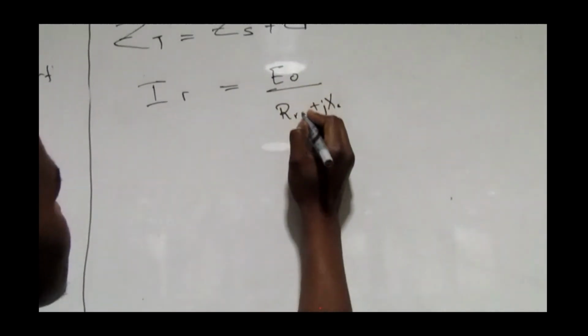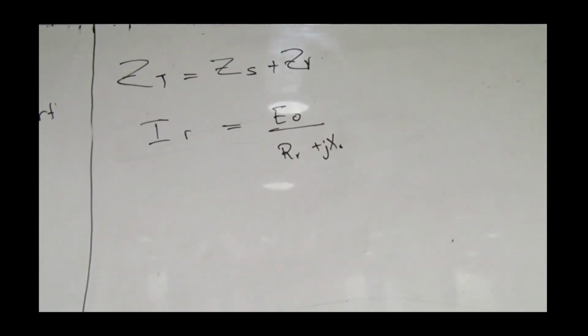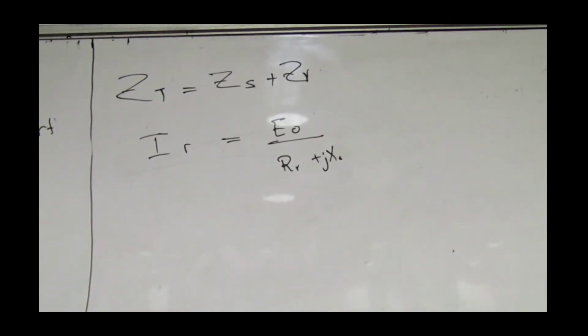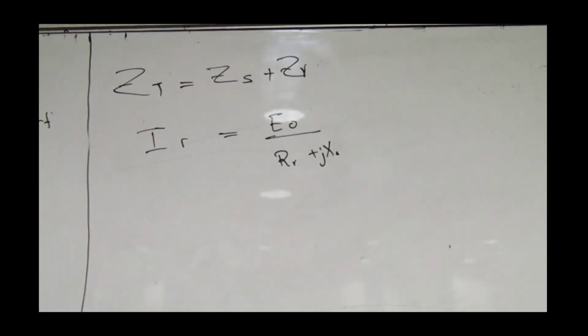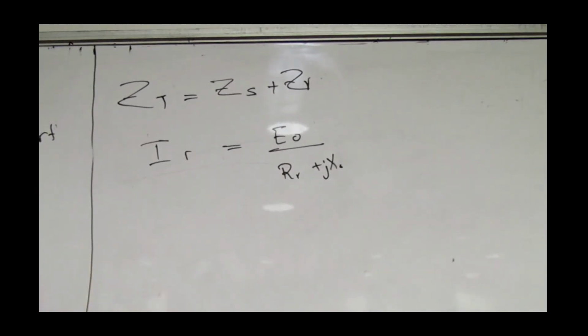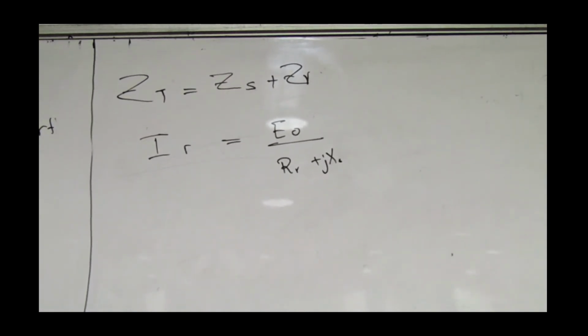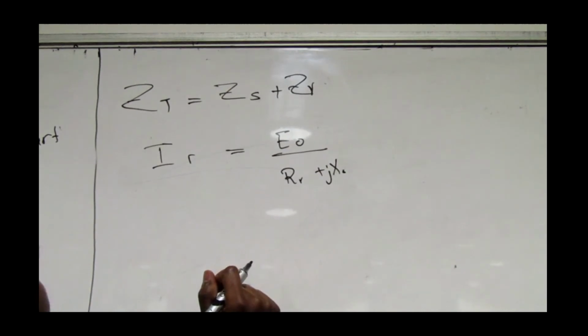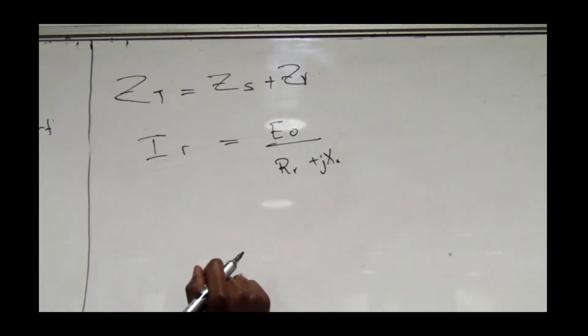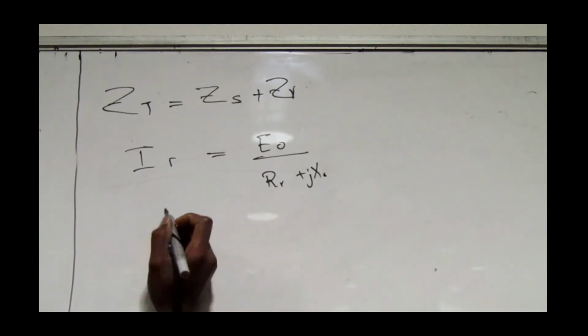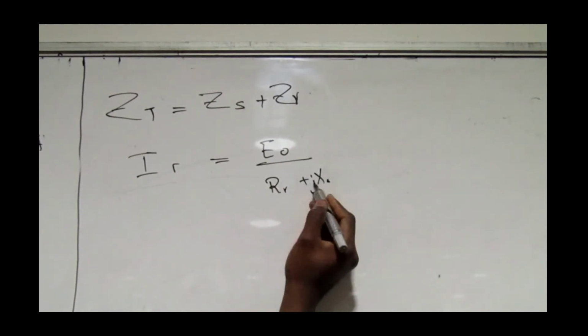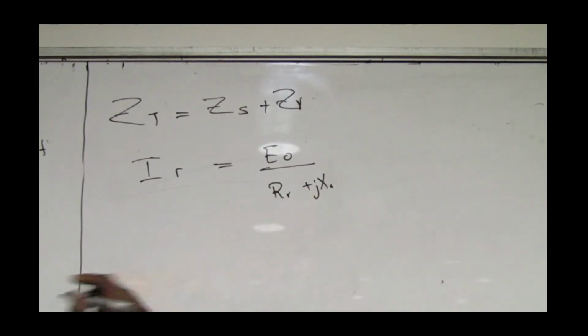In this case, we are looking to calculate our Z total, whereby we are given the current of the rotor to limit the starting current. So basically here we're going to calculate the impedance.